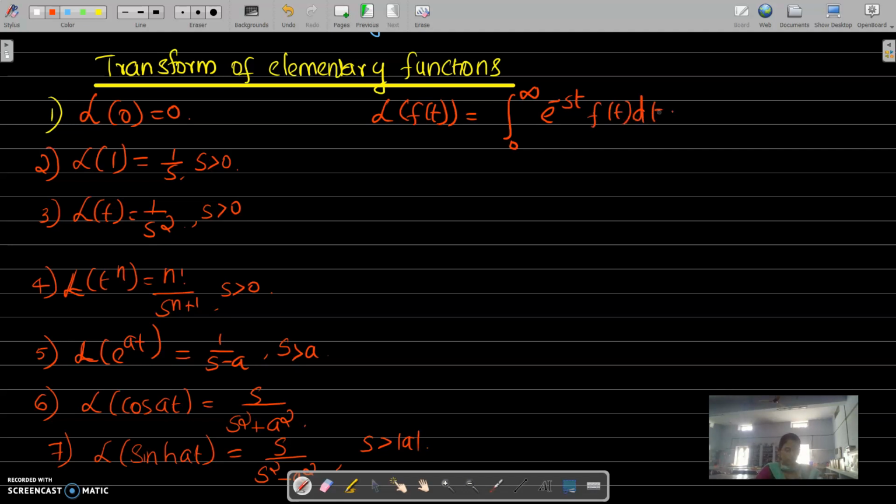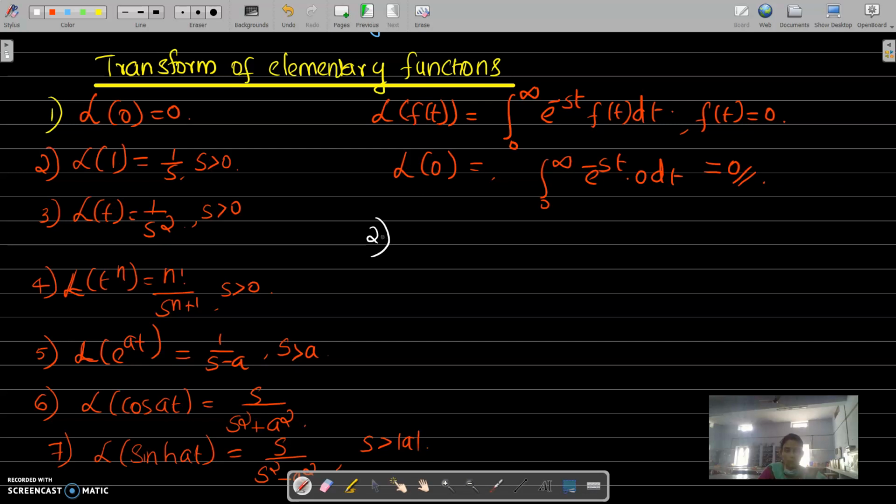Here, for L of 0, f of t is equal to 0. So this is the integral from 0 to infinity of e raised to minus st into 0 dt. We know that this is always 0.